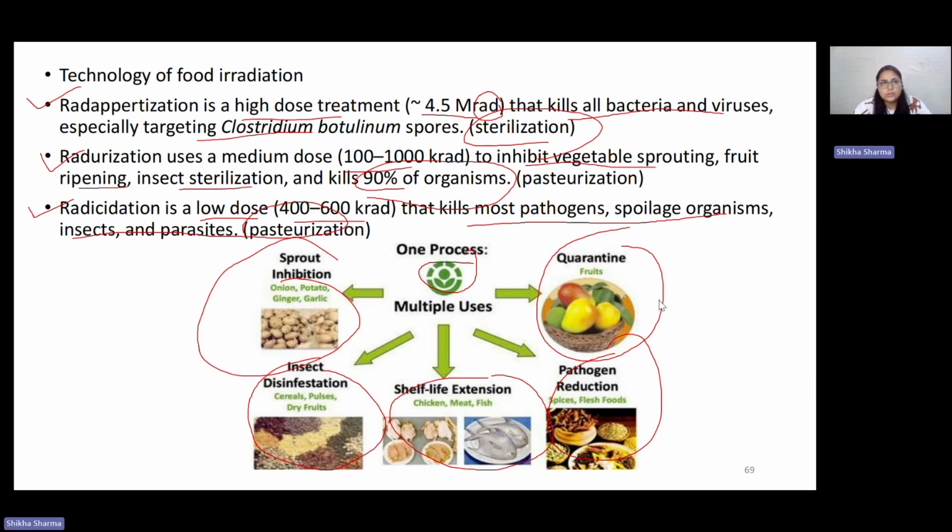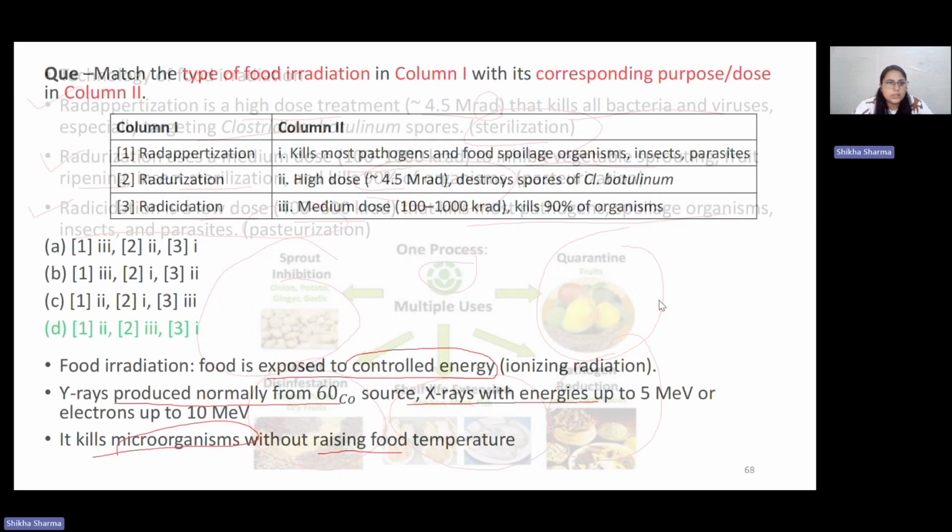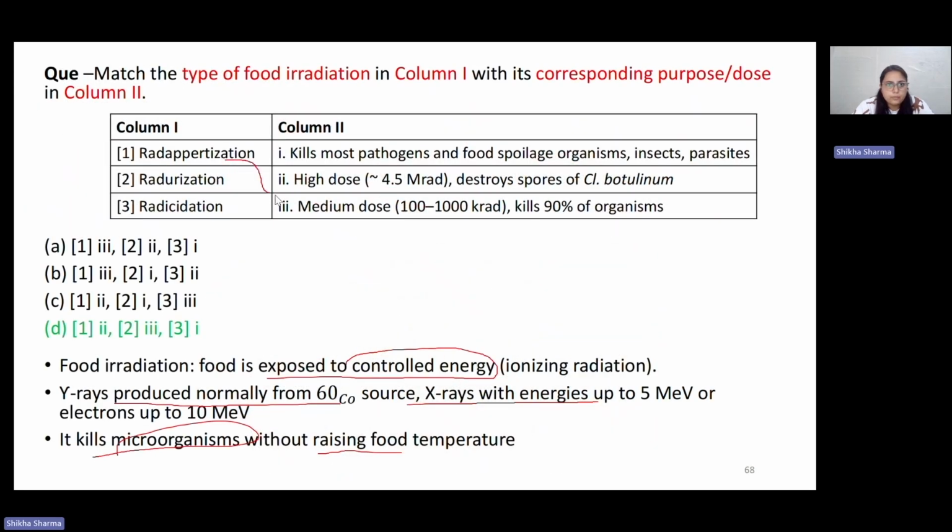So radappertization is a very high dose, radurization is a medium dose, and radicidation kills most of the pathogens, spoilage organisms, insects and parasites, and is a low dose.